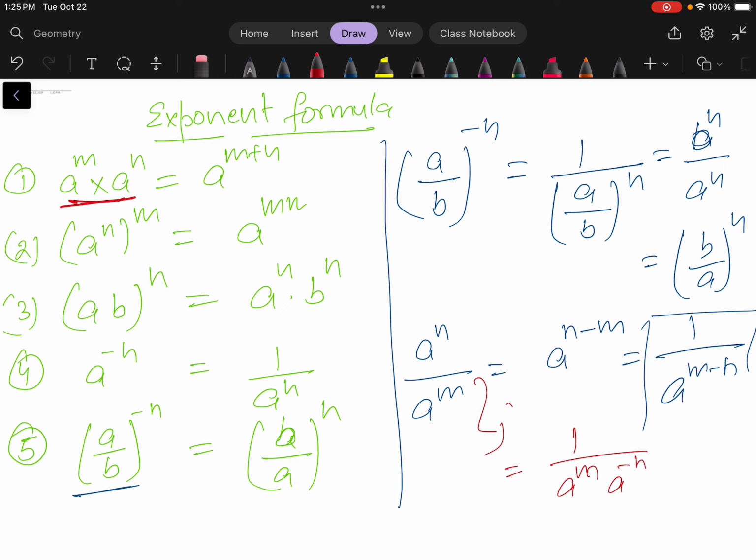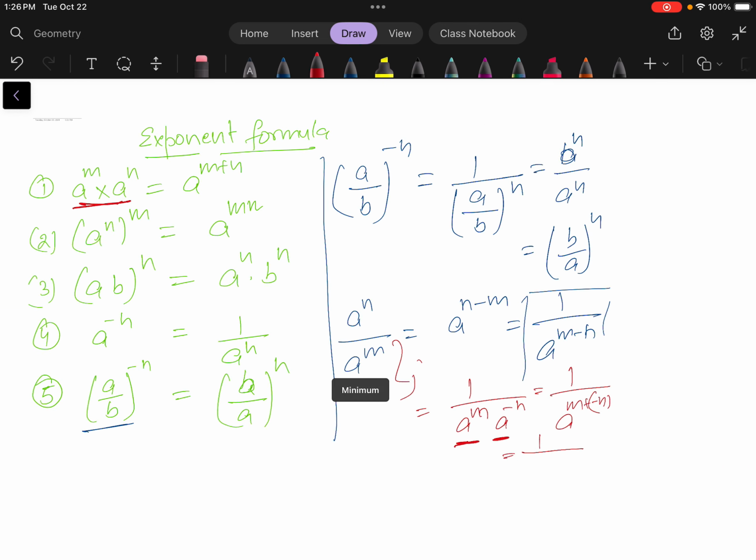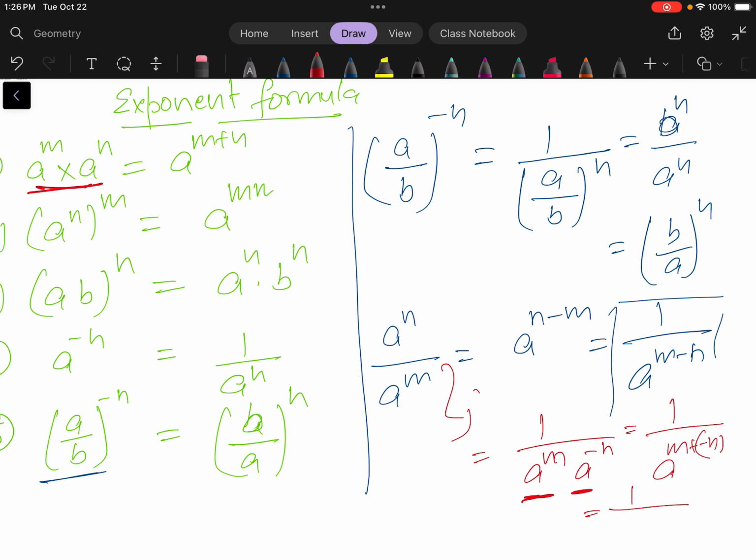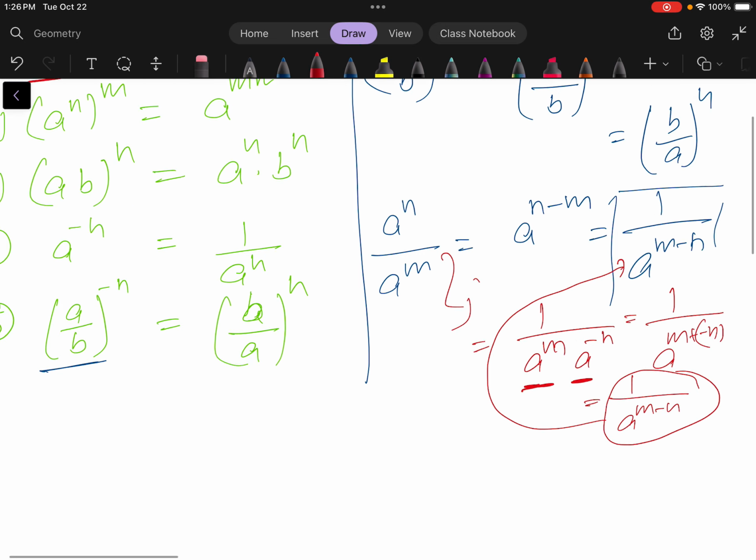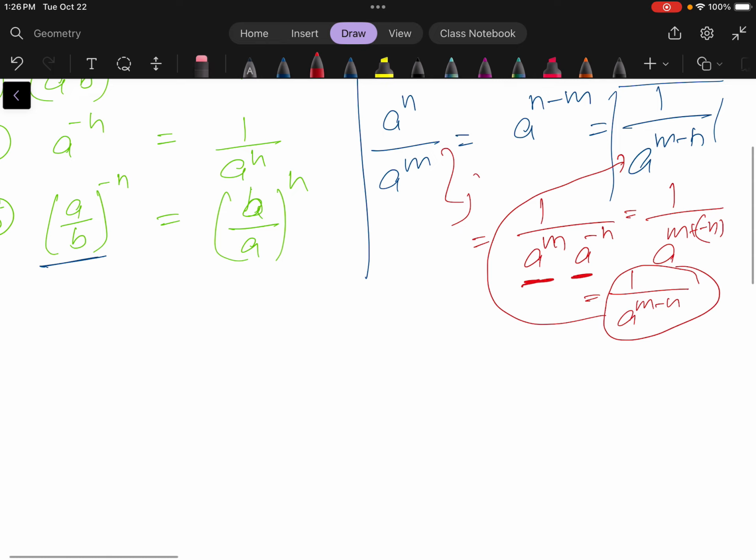The first formula that we know says that if the base is the same, the powers will be added. So we have m plus minus n. So when we write this, it will be a to the power m minus n. So we derived this formula. Okay, fine. Now we'll move to the other formulas.